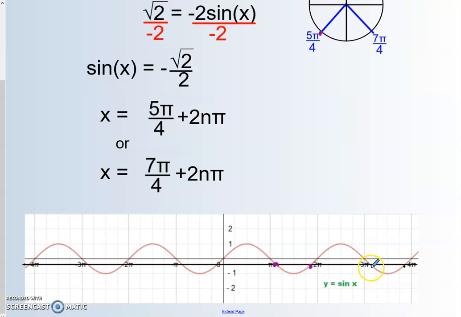But it also occurs here, which you'll notice is adding 2 pi, here, which again you'll notice is adding 2 pi to that value, subtracting 2 pi's. So we have all these different answers, actually an infinite number of answers, and that's why we have this plus 2 n pi.